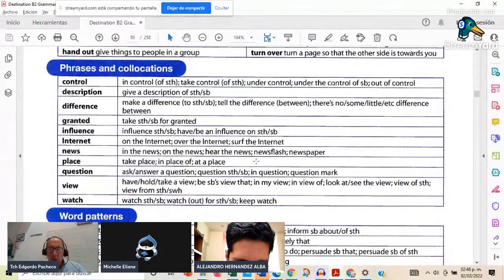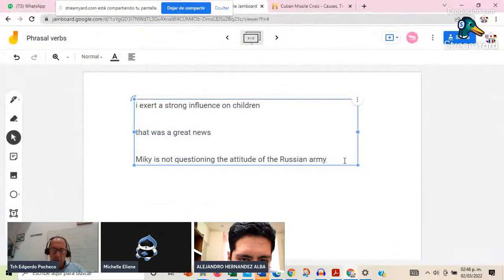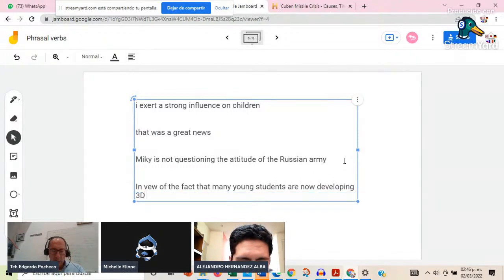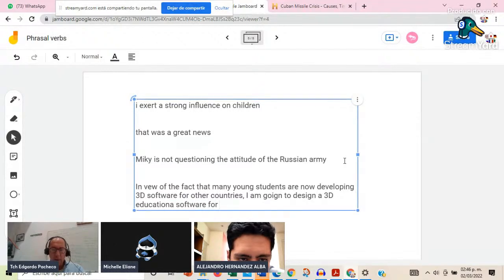So you can say in view of the fact that many young students are now developing 3D software for other countries, I am going to develop or design a 3D educational software for Mexican schools, Mexican public schools. Well, that's only an idea.